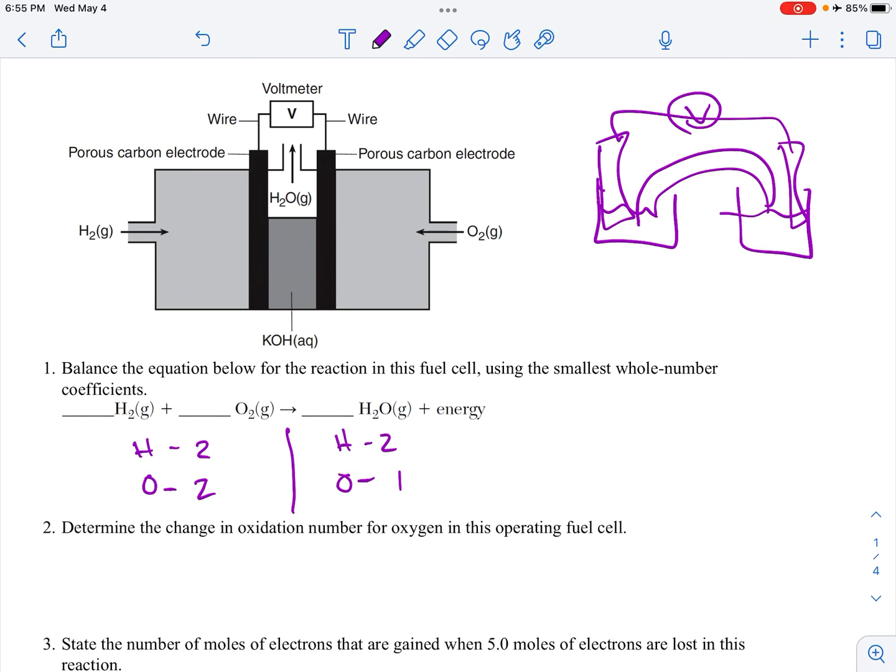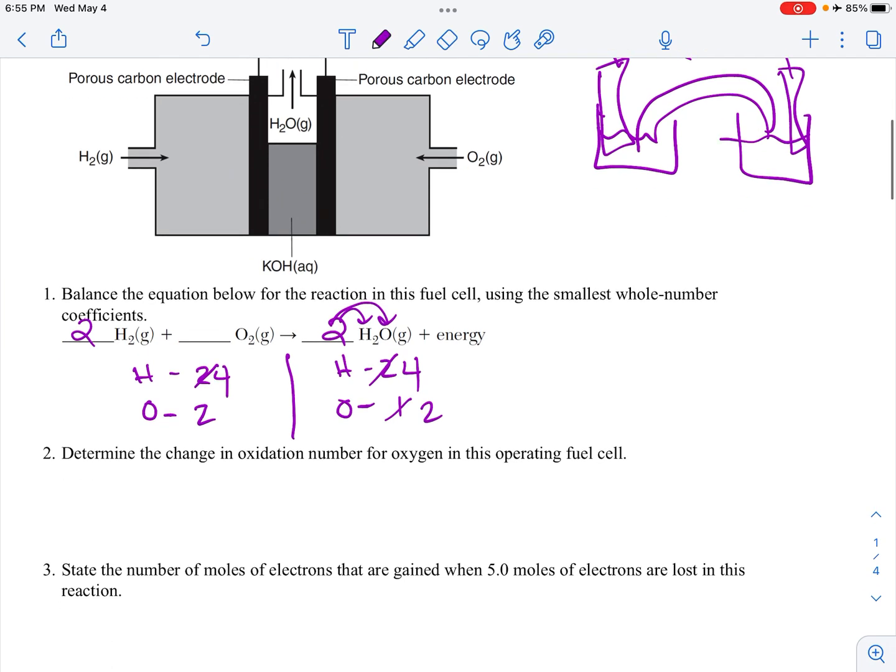So how about we put a 2 here, which will change the hydrogens to 4, and we'll change the oxygens to 2, because remember this is distributed to everything. Then oxygens are good, but hydrogens are not, so we'll have to put a 2 there, which changes that. Once our scorecard is good, we're good. Now, you don't need to write a 1. Don't do it.